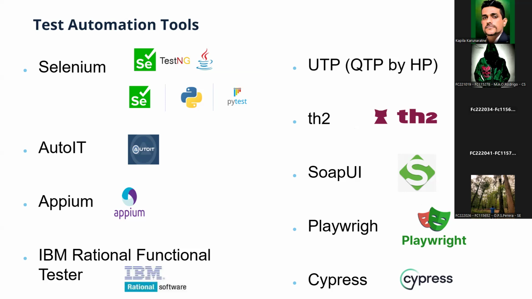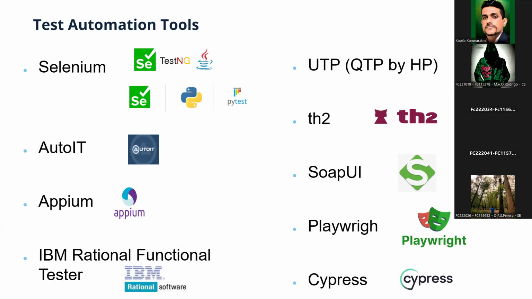Cypress is also one of the key tools that people like to use. But if you look at this landscape, Selenium is one of the popular tools, especially in the Sri Lankan context, I can't say the global context.